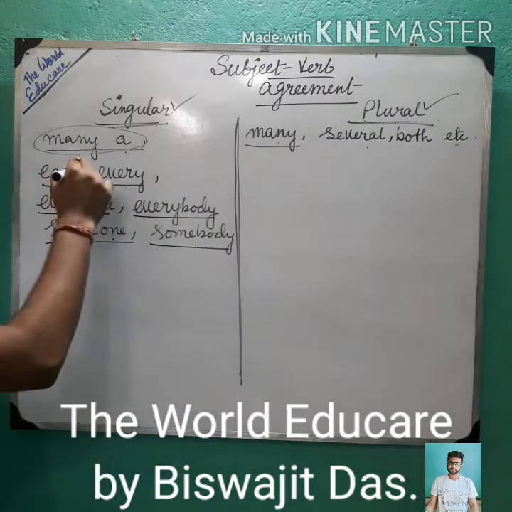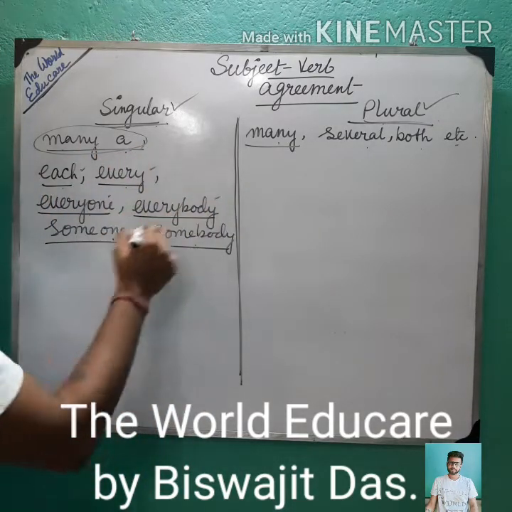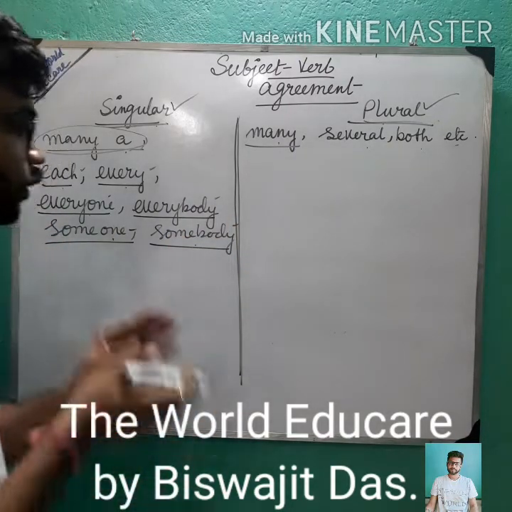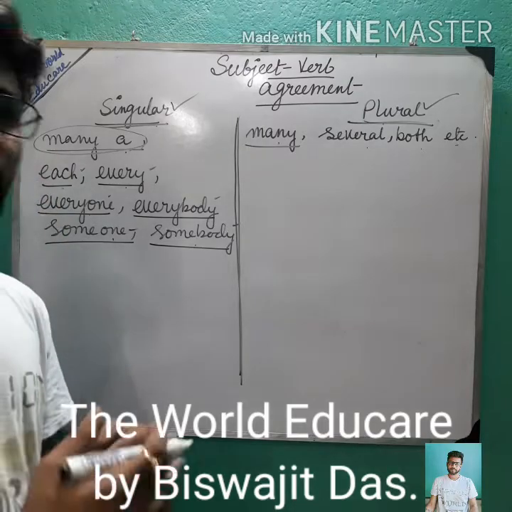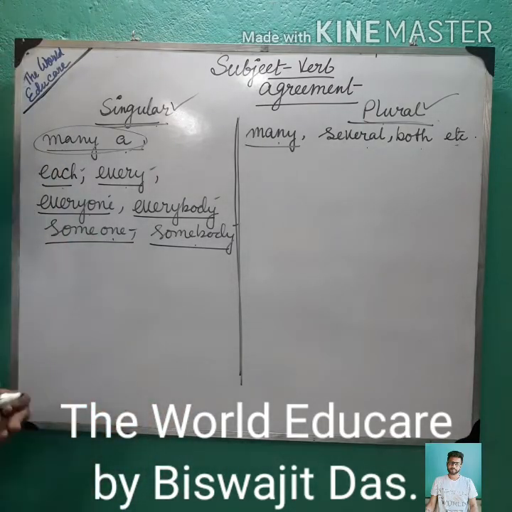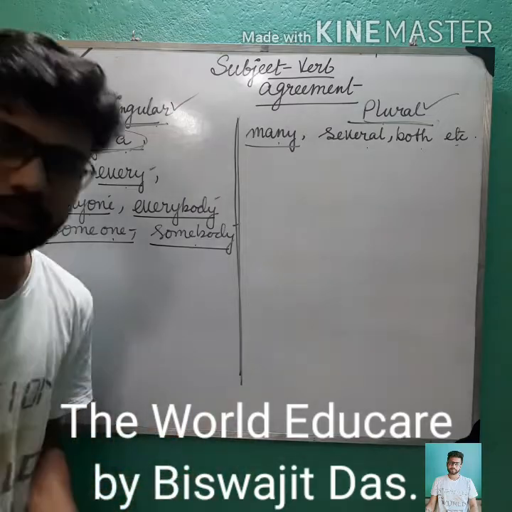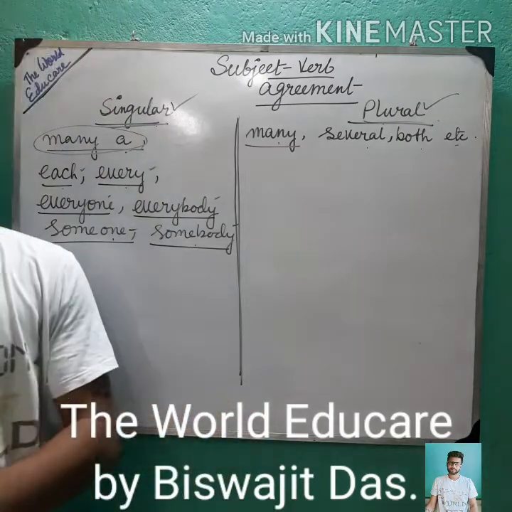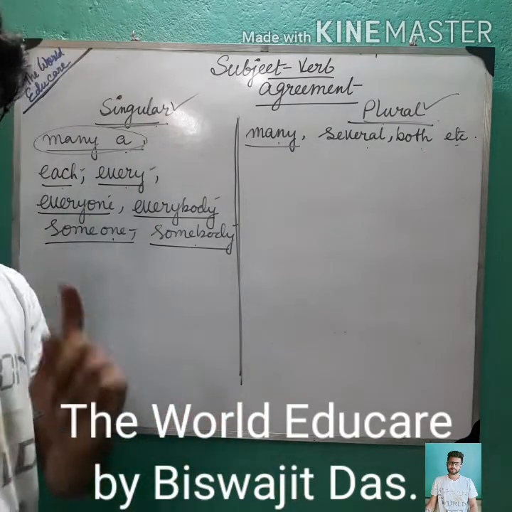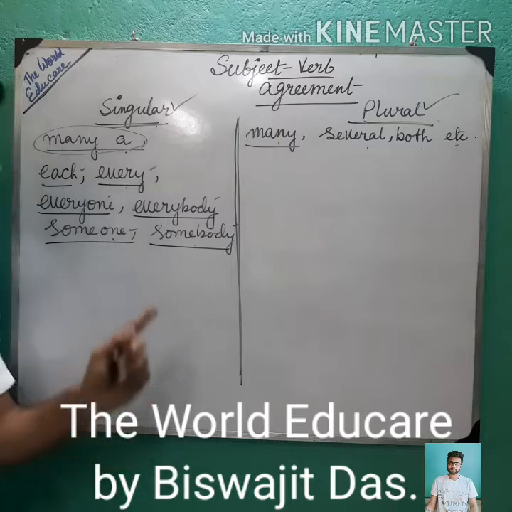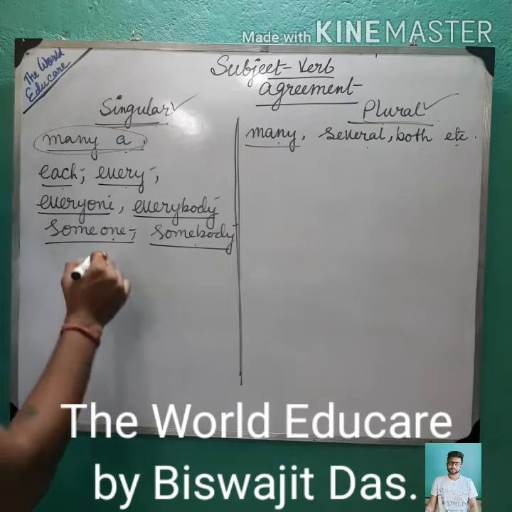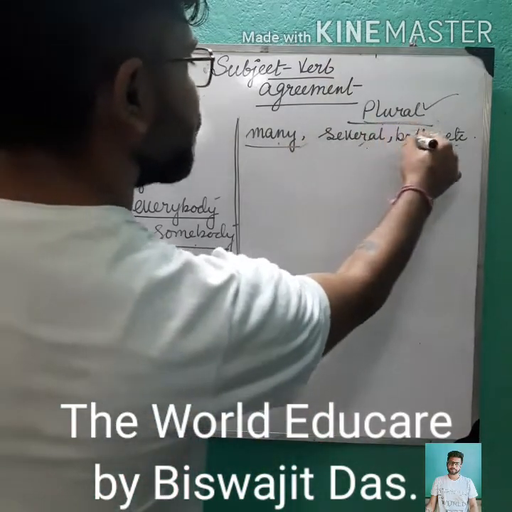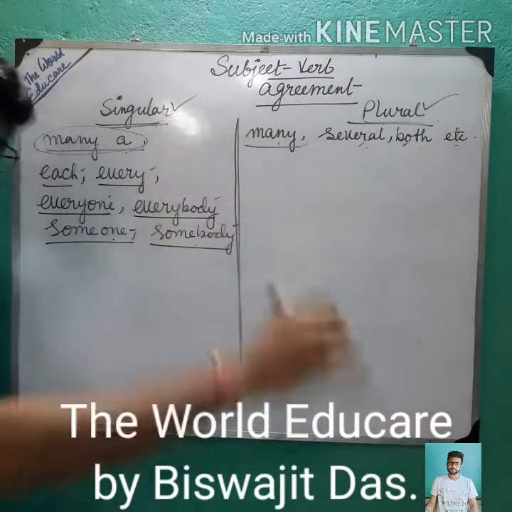Likewise, words like each, every, everyone, everybody, someone, somebody all denote a singular sense, though they give us the idea of plural. Whenever we use "everyone" in a sentence, it means each and every one present in this party, house or class, but these are all singular words and they always use a singular verb. But these other words always use a plural verb.